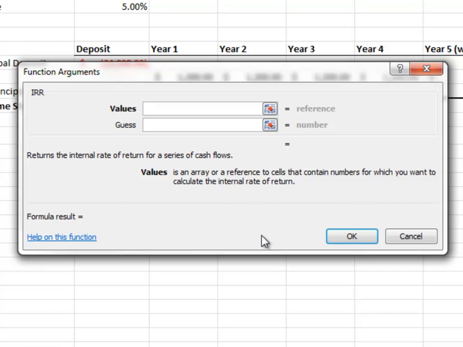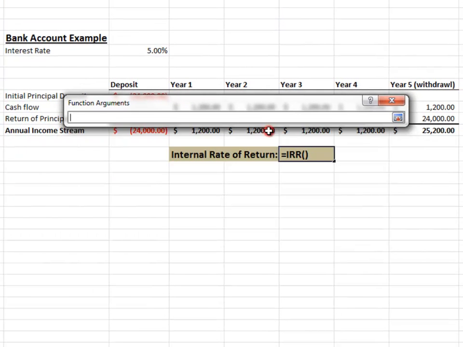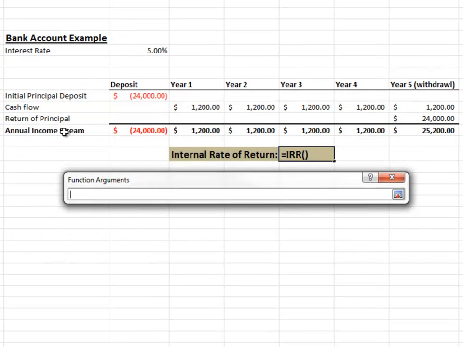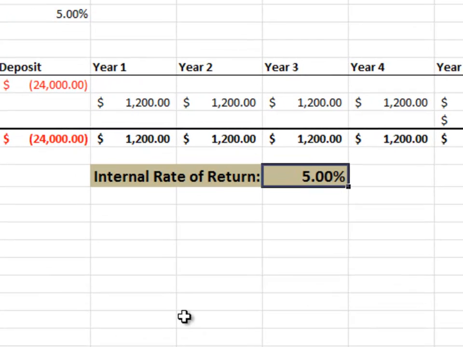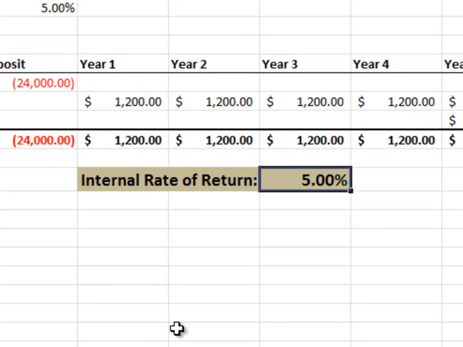The function is looking for our income stream, so we will highlight our income stream starting with the deposit and ending with our final withdrawal. As we initially surmised, our bank account investment provides us with a 5% internal rate of return.